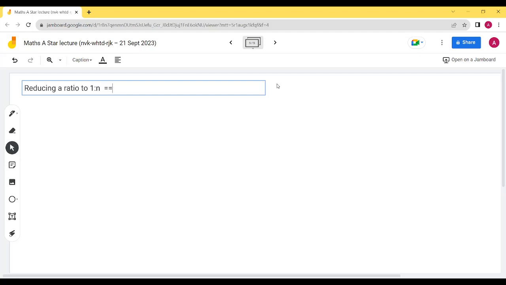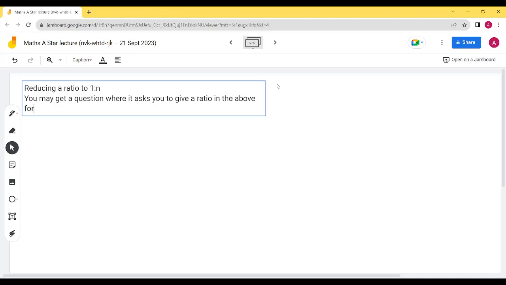And so you may get a question where it asks you to give a ratio in the above form.